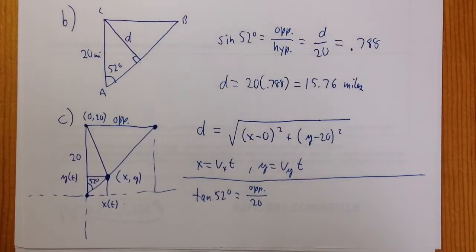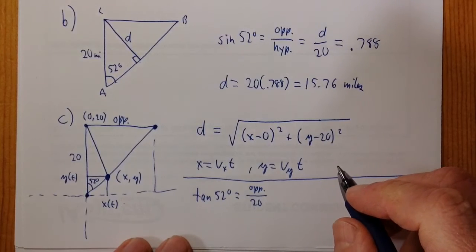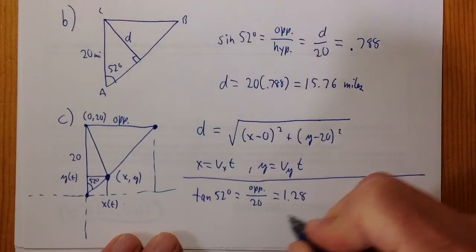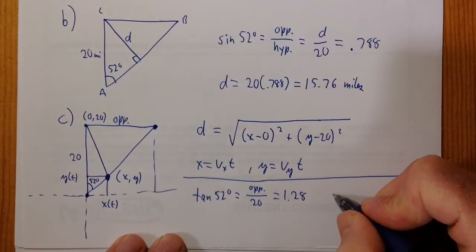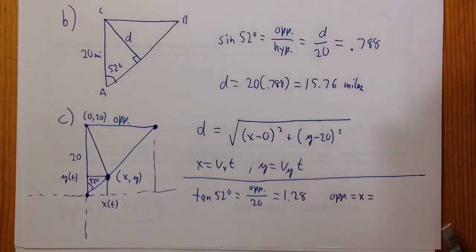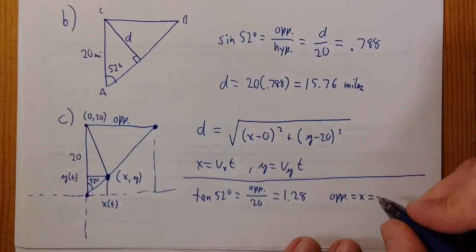And tangent of 52 degrees, again, make sure you're in degrees, is 1.2799, pretty close to 1.28. So the x distance, or the opposite, is 20 times 1.28, which is about 25.59, pretty close to 25.6.